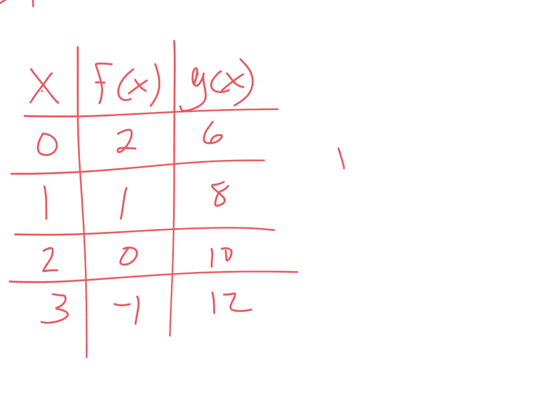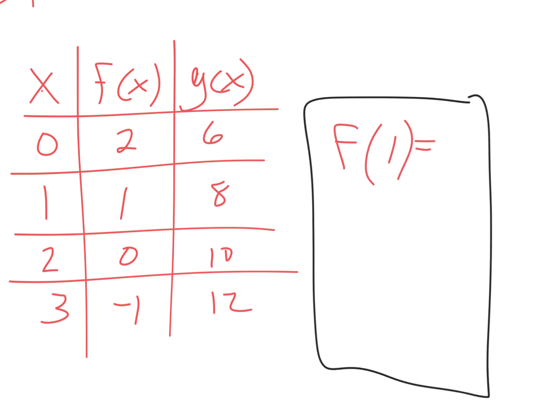What is f of 1? Don't say it. Just write. All you need to write is the answers. What's f of 1? What's g of 1? Now they get a little trickier. What's 4 times g of 0?